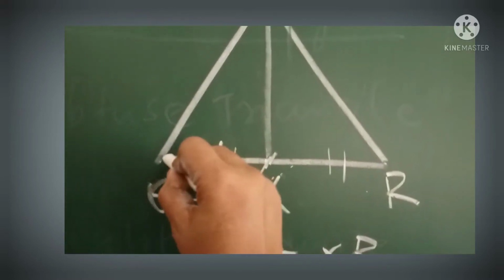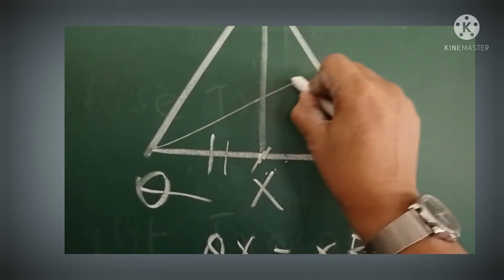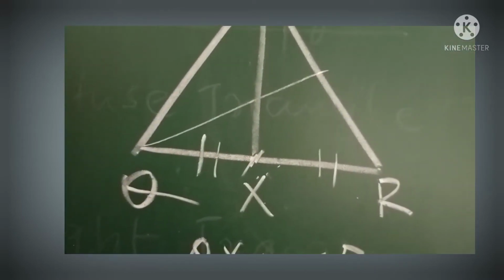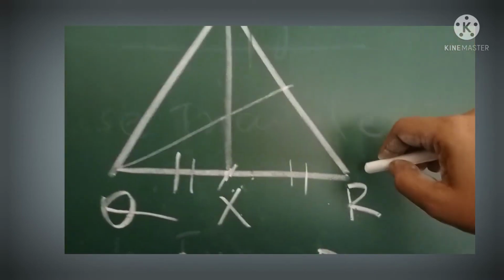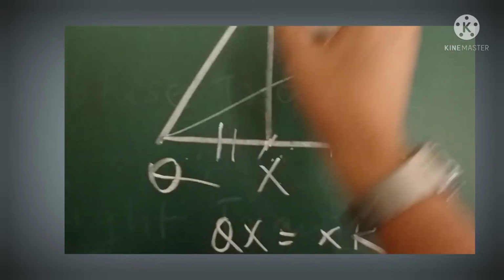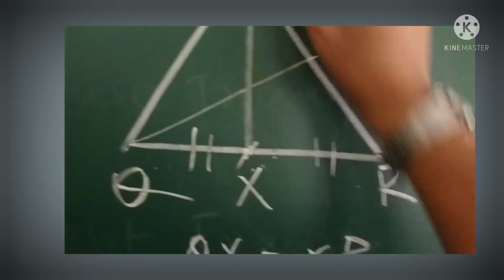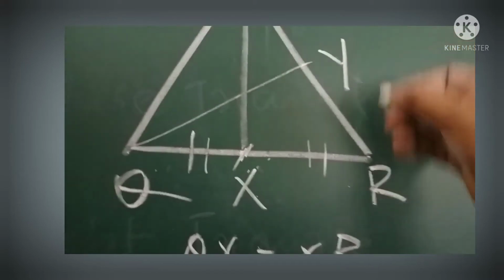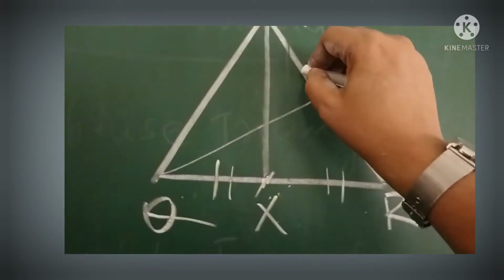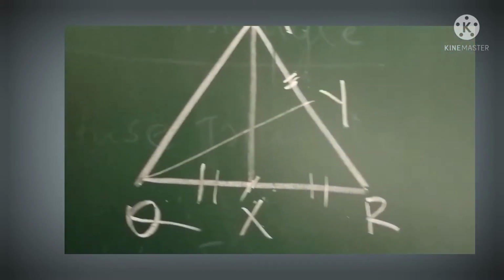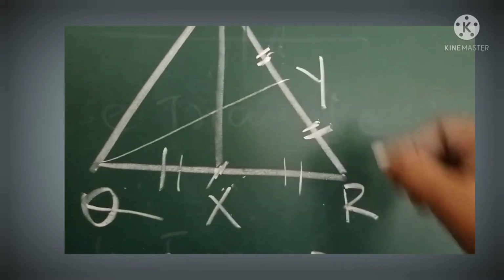Let us draw one more. From Q we can draw a line segment to PR. Let it be QY, such that this divides PR into 2 equal parts.